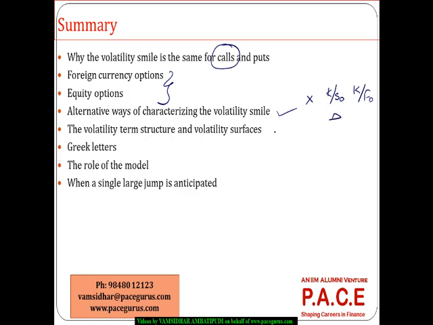We talked about the definitions of the volatility term structure and volatility surface. Then we discussed why the computation of the Greeks becomes difficult when there is a volatility smile, and answered a couple of important questions: does the model play an important role in understanding the volatility smile, and what if a single large jump comes as part of the pricing of the option, right?